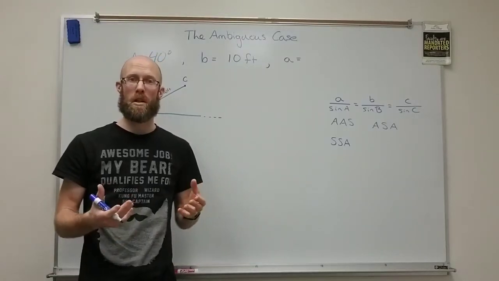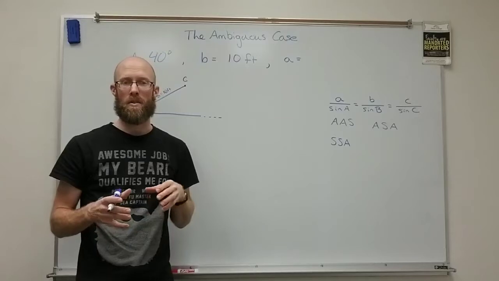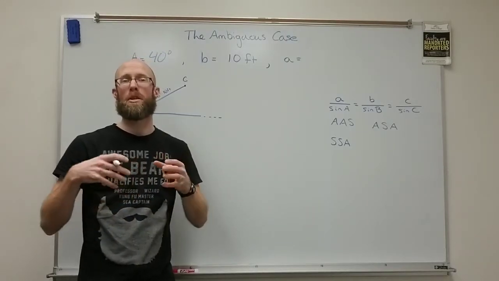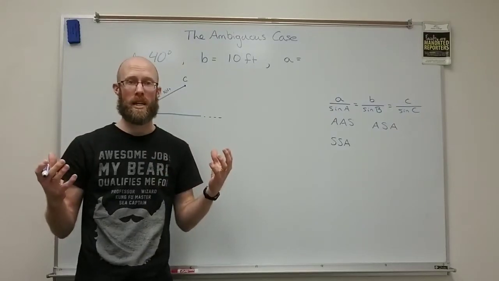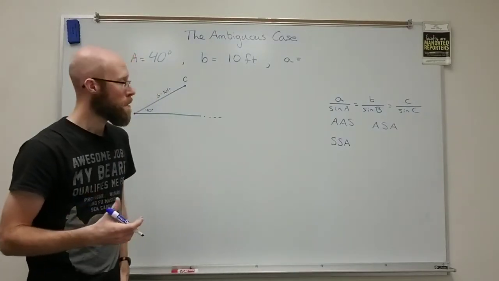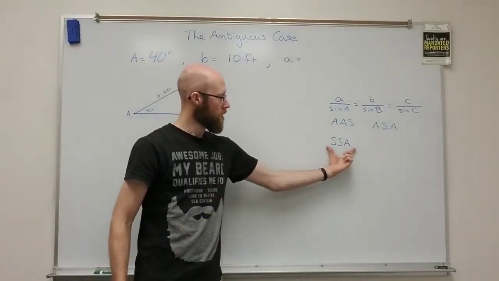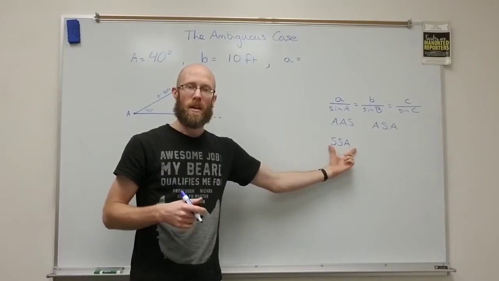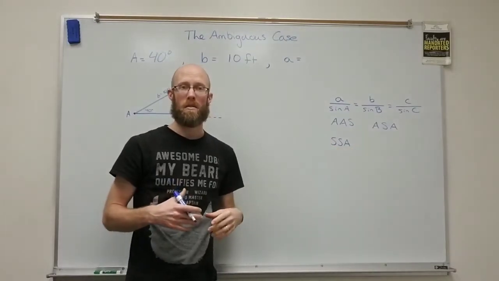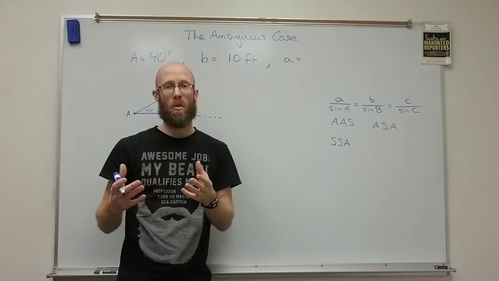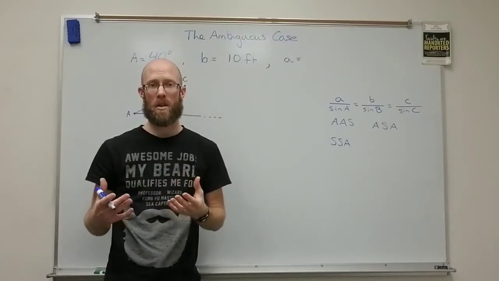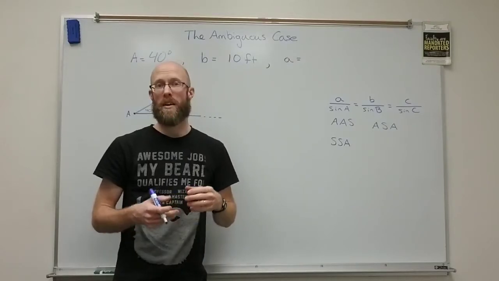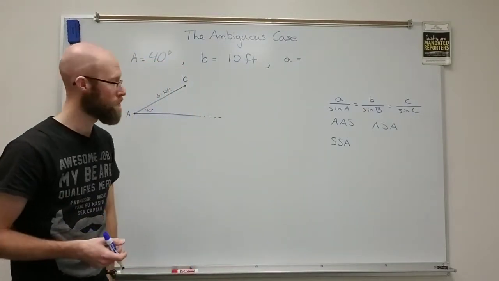If a word is ambiguous, it has an ambiguous meaning, the same word could be used to express multiple different ideas. In the SSA scenario, we could have the potential for 0, 1, or 2 different triangles constructed from that information. So there's a lot of options. That's why it's called ambiguous.